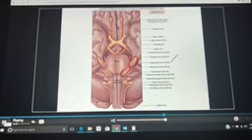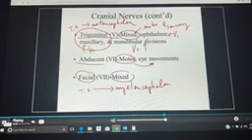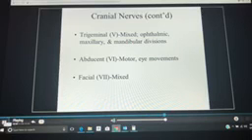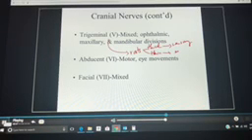So this is important to know. In terms of the roots of the trigeminal nerve, they're thick and thin. The thick for the trigeminal is sensory, while the thin has motor fibers.